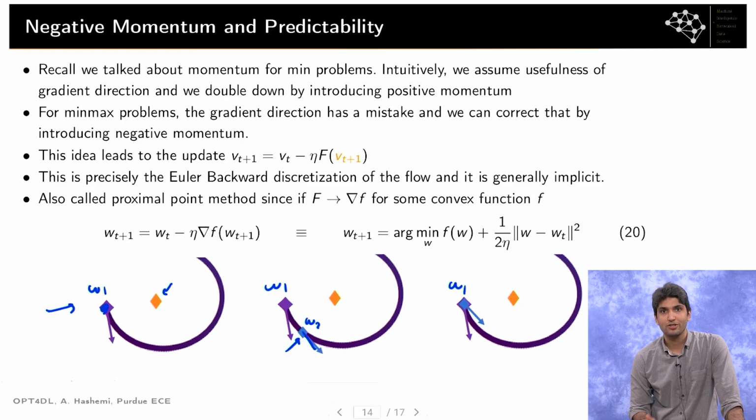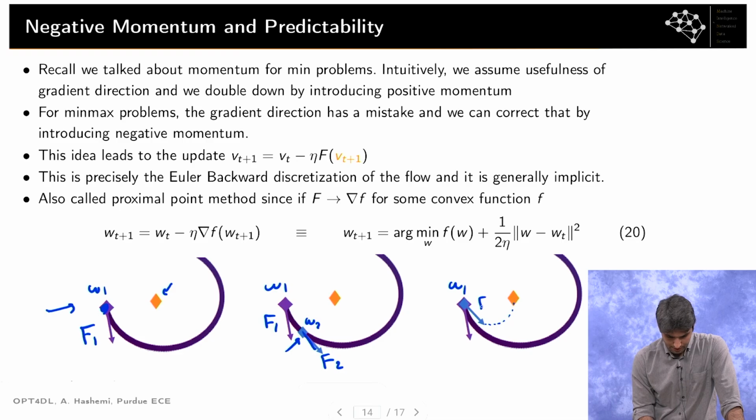It is pointing toward the equilibrium, such that if instead of the gradient at W1, I use the gradient at W2, I might actually be able to go to the equilibrium. So this is the gradient at W1, let's denote that with F1, and this is F2.